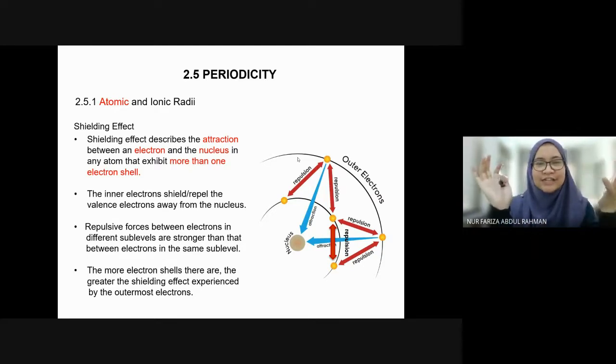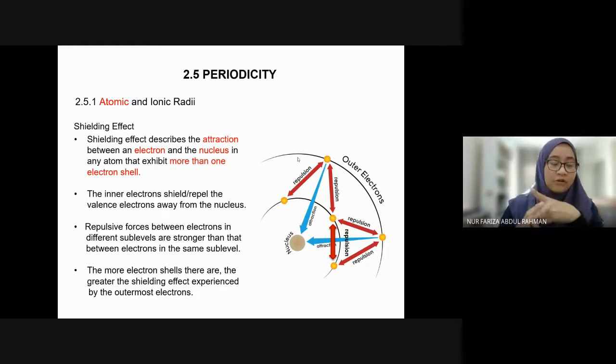Senang cerita, the factors that cause the variation in terms of characteristic atomic radii, ionization energy, electron affinity, and electronegativity are caused by the attraction felt by the valence electron. It's all about that. Okay, next up we have the shielding effect.